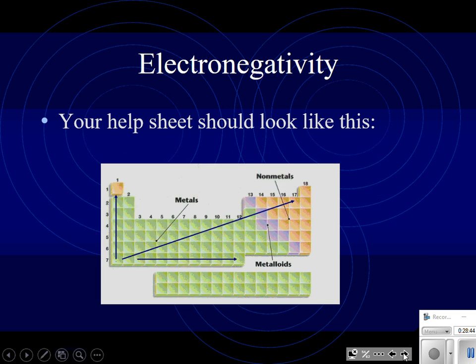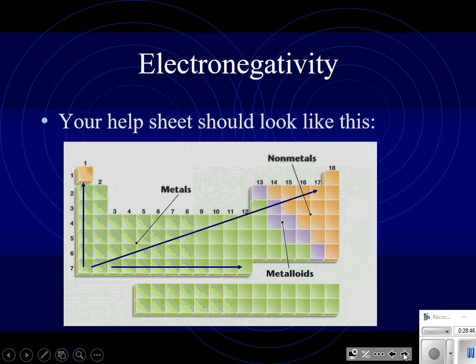When we look at our help sheet, the greater values are where the nonmetals are.